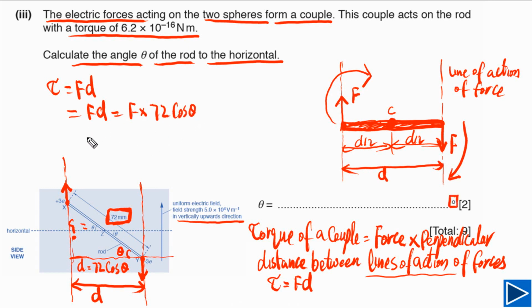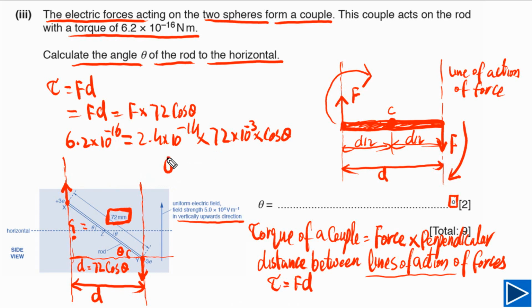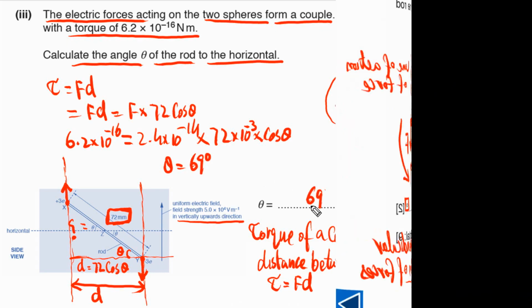The value of force we have already calculated, and that value is equal to 2.4 times 10 to the negative 14, and the 72, as this is given in millimeters, we have to multiply by 10 to the negative 3, and this is cosine of theta. Tau is also given, that is 6.2 times 10 to the negative 16. Now if we solve for the angle, the value of the angle will be 69, and this is our final answer.